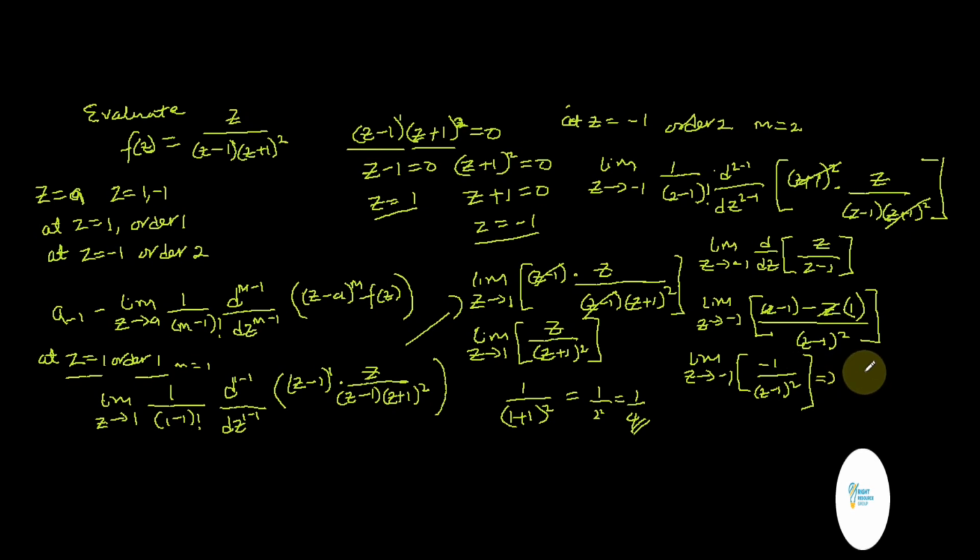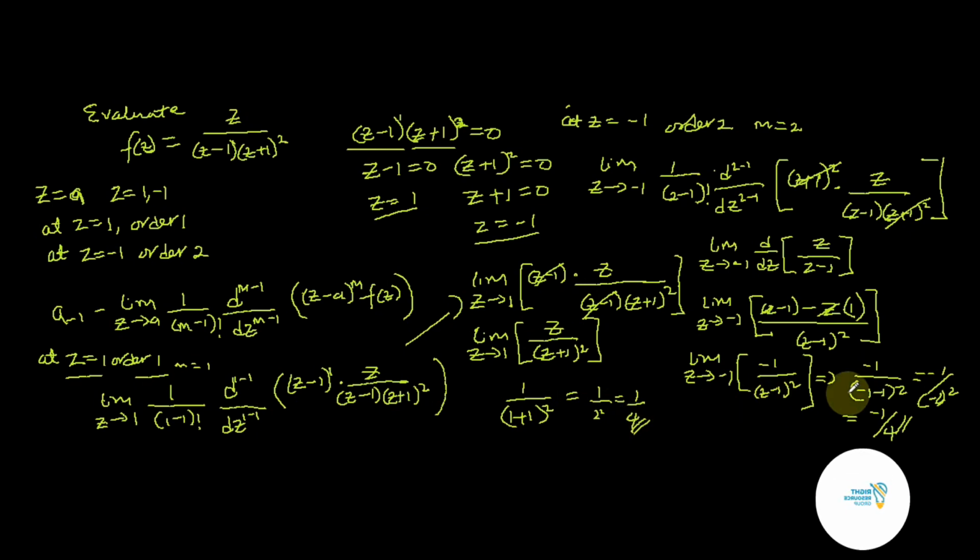If we take the limit, we are going to have minus 1 all over minus 1 minus 1 all squared, which is going to be equal to minus 1 all over 4, because this is going to give you minus 1 all over minus 2 all squared, which is going to give you 4 here. So this is your answer. So this is the answer to this question. You have this place to be 1 over 4 and you have this place to be minus 1 over 4.